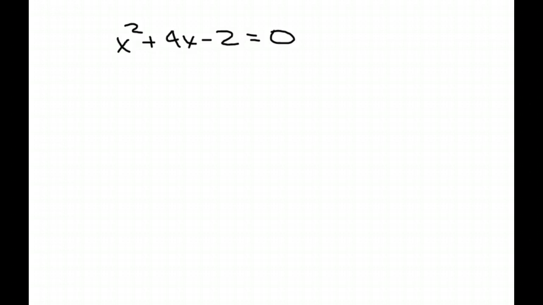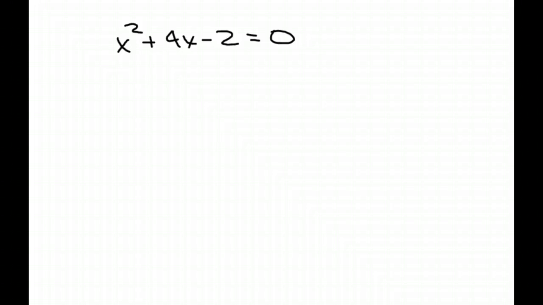Only if we have a 2 up there. That's what we're working with: finding the values of x in quadratic equations. How many answers will we always get with a quadratic equation? 2. At most 2. Sometimes it could be 1, but at most 2.